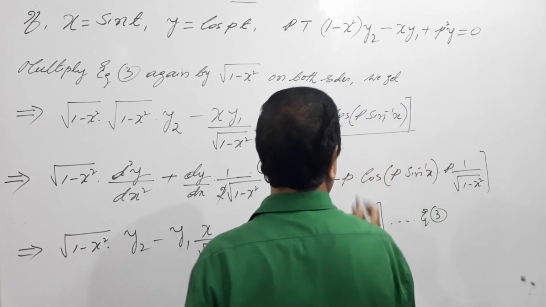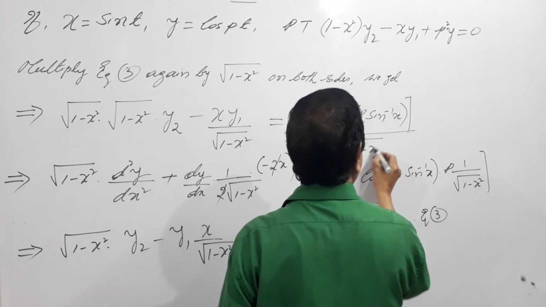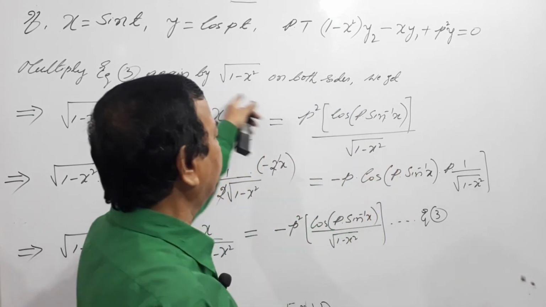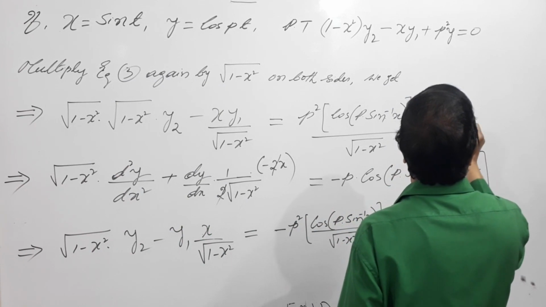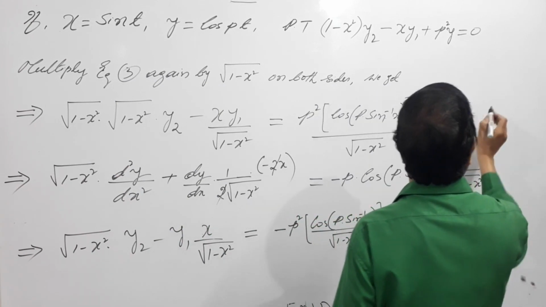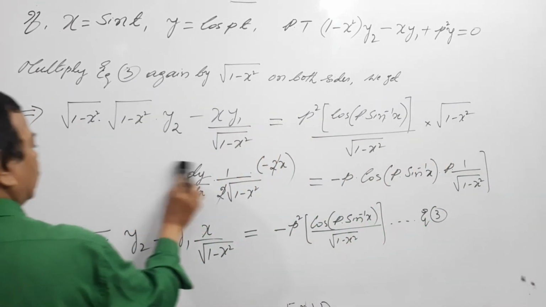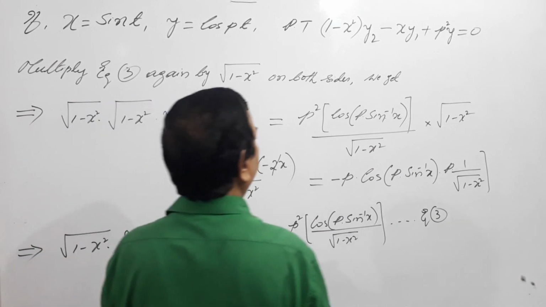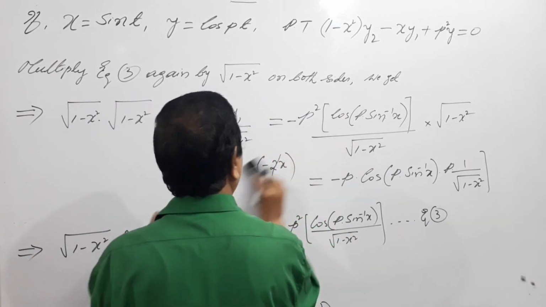We had divided by under the root 1 minus x square, so since you have to multiply both sides by this, I will multiply this also by under the root 1 minus x square. Yeah, a minus sign is there. This minus sign I forgot. Put this minus sign.